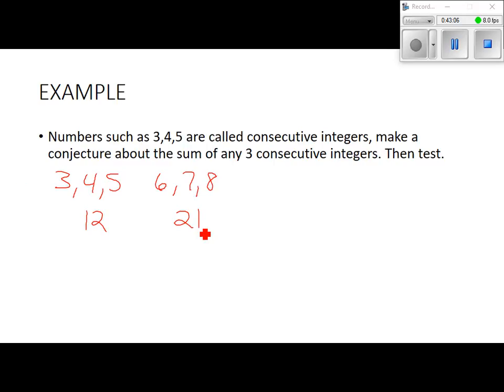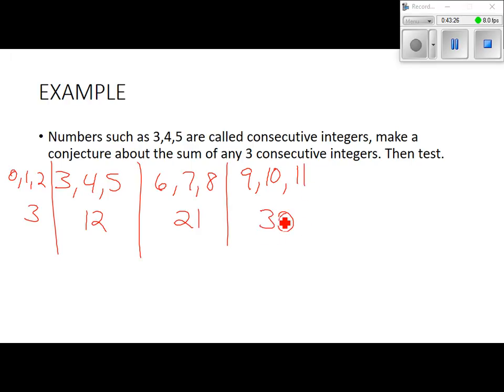Then 0, 1, 2. What did that add up to? 3. Then what? 9, 10, 11. What did that add up to? 30. If you don't know, grab your calculator, but don't say anything.